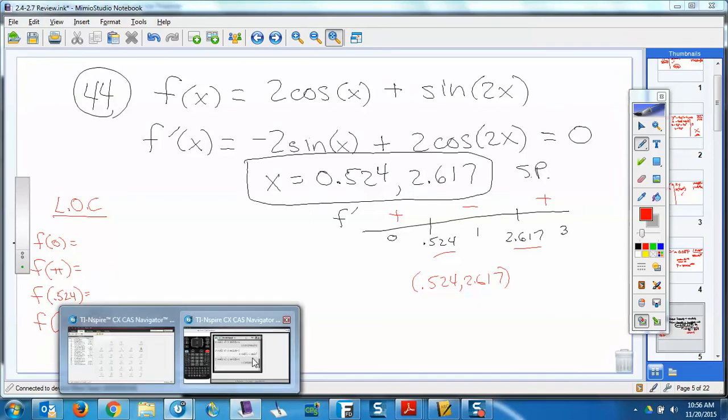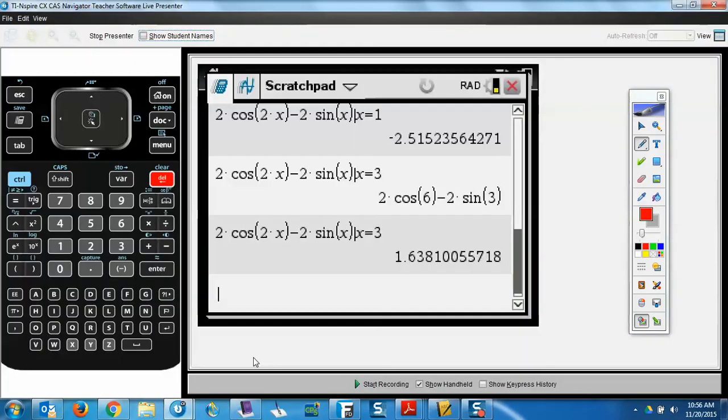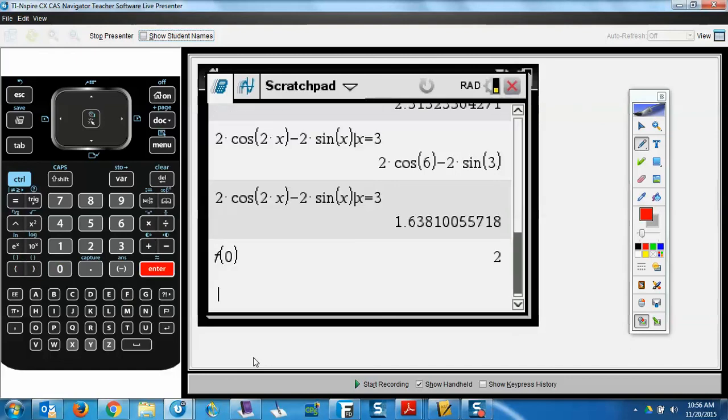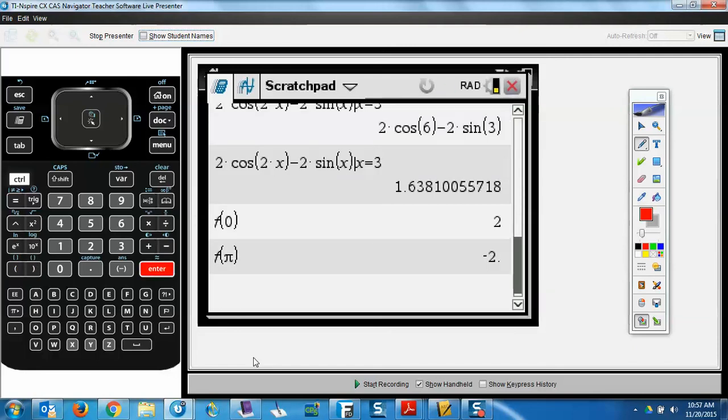So I would go back to my calculator. We defined our original function as f already, so now he can do f of 0. He can do f of pi. Probably hit control enter because we want to compare these, to see what's bigger, what's smaller. So decimals would be better, I think. Now we have to put in those other numbers.